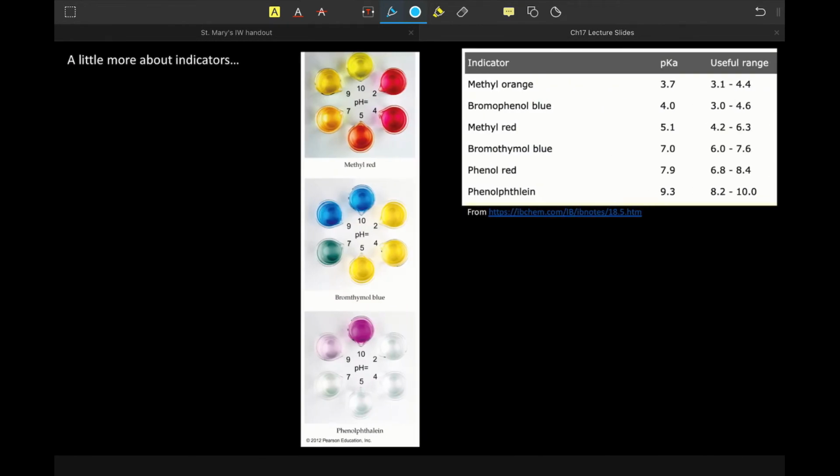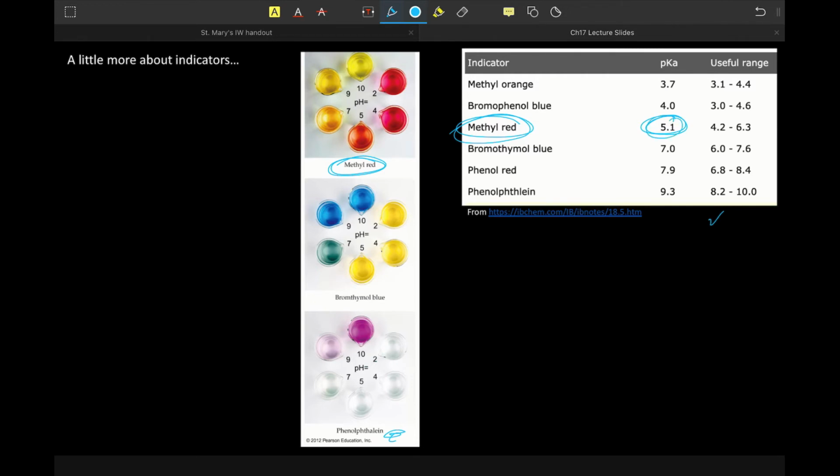Okay, so a little bit more about indicators. This figure is actually from chapter 16, where it first introduced the concept of an indicator to measure pH. Here are some pKa's of some acid indicators. Here we have methyl red, which has a pKa of 5.1. Typically, the useful range is plus or minus 1 unit approximately from the pKa, and ideally, the pKa should be closest to where the equivalence point is going to be.